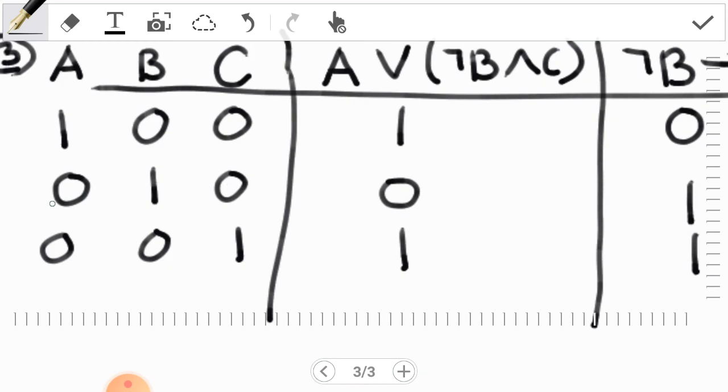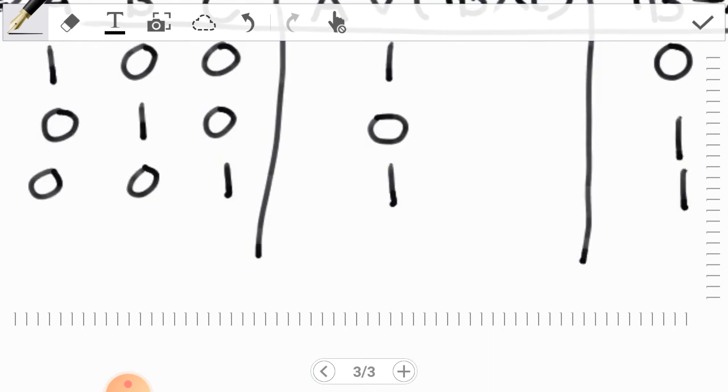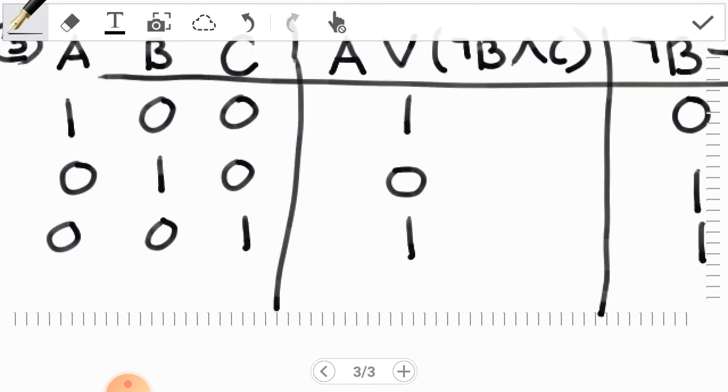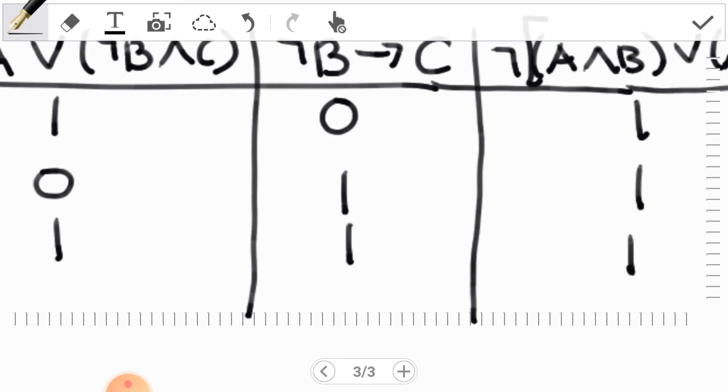And then false or false would be false. And then not false must be true. Then the last one, A and B, false. A and C, false. False or false? False. Not false must be true.